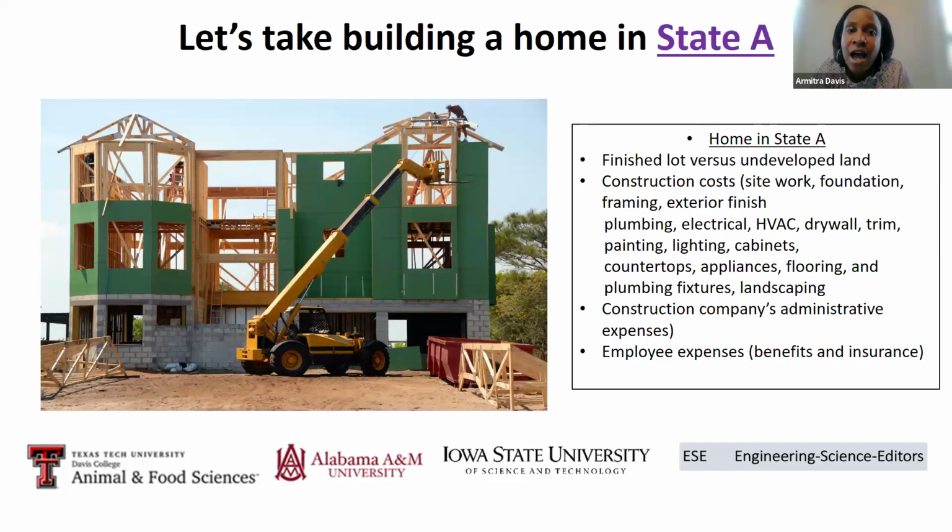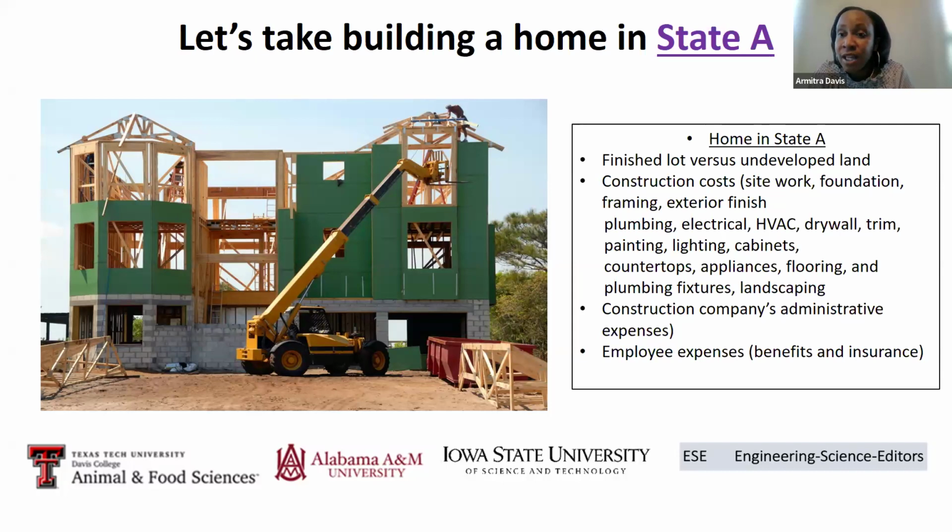So let's talk about this in terms of building a home. Here on this slide, you can see that we are building a home in state A. So let's say we're maybe building a home in my state of Alabama. When we talk about building a home, there are a lot of expenses that are involved and that must be considered to ensure that this home is successfully built. For example, we have to decide if we're going with a finished lot versus undeveloped land.